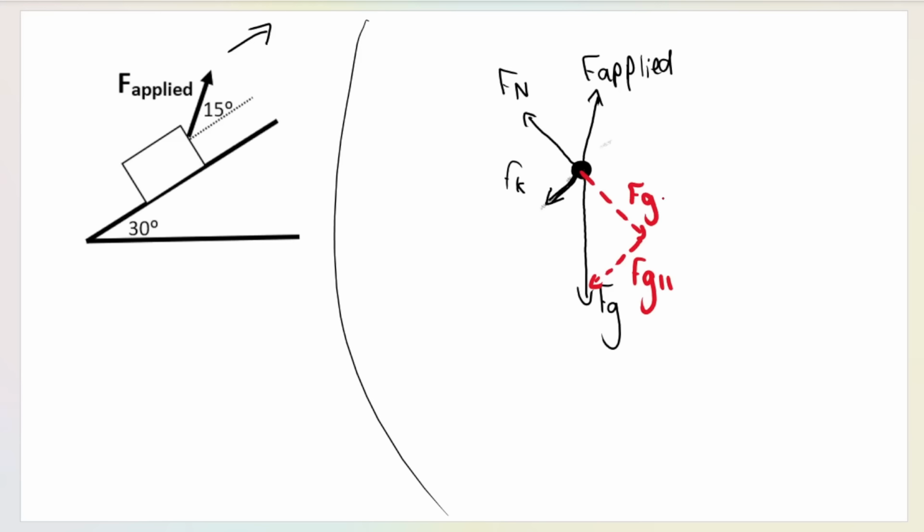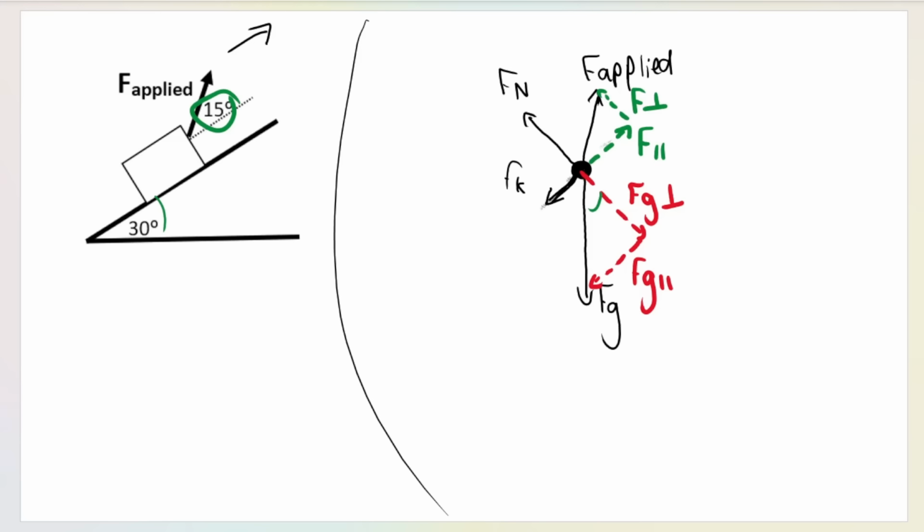This is Fg perpendicular because it's perpendicular to the slope. And because Fg is not the only force acting at an angle, F applied is also acting at an angle, it will also have components. This would be F applied parallel, and F applied perpendicular.